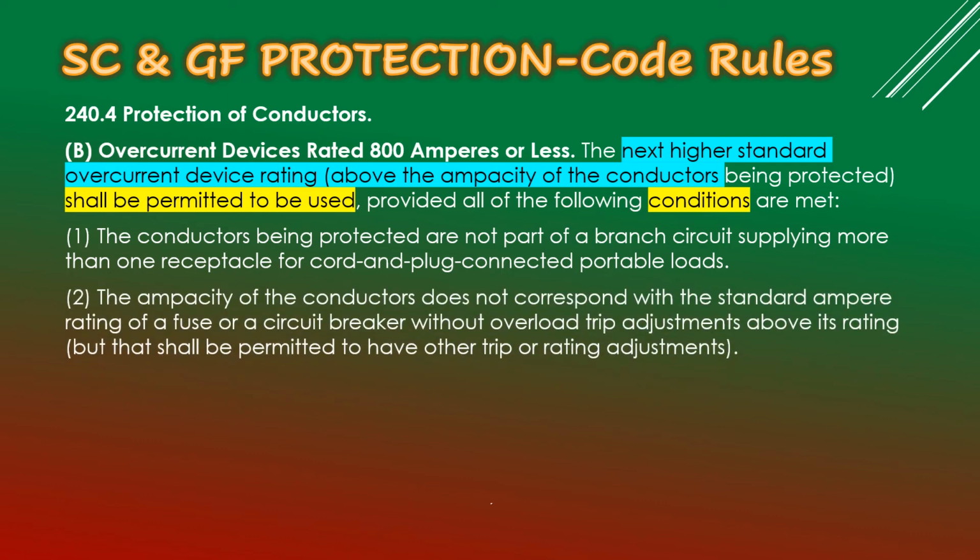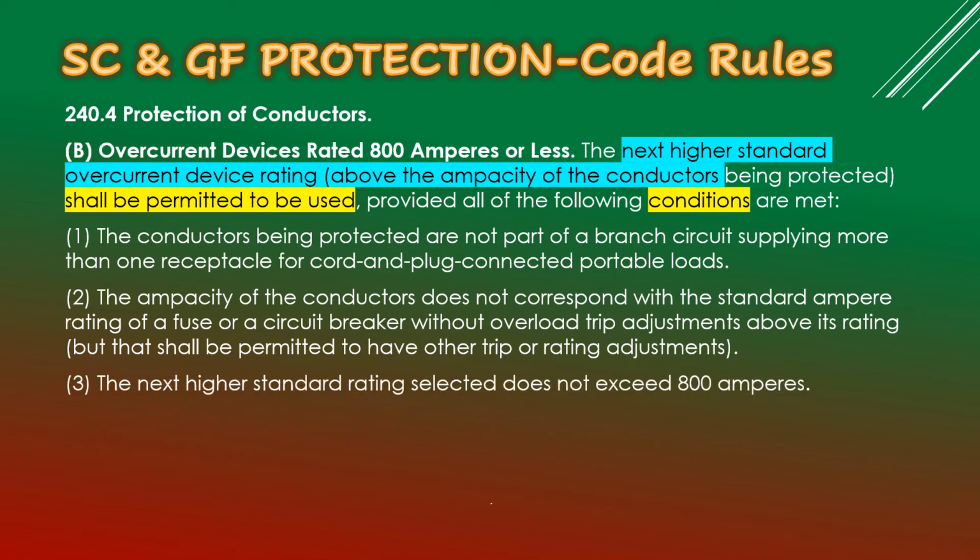Number two, the ampacity of the conductor does not correspond to the standard ampere rating of a fuse or circuit breaker. So this also we comply because 165 is not a standard rating of circuit breaker. Number 3, the next higher standard rating selected does not exceed 800 ampere.